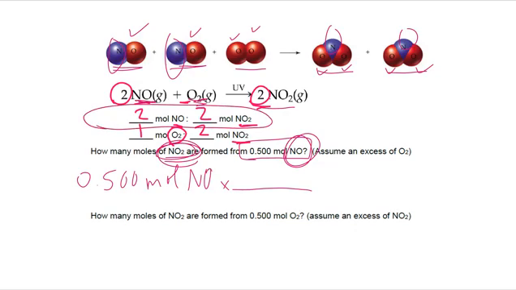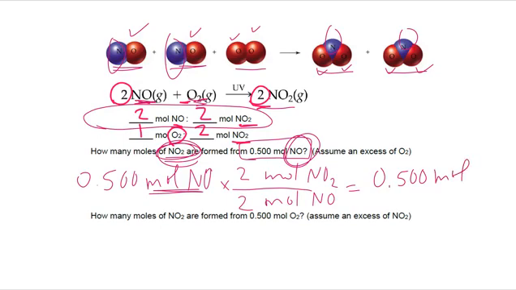Again, to cancel out, I have to have moles of NO on the bottom, and I need moles of NO2 on top, which we just showed is a 2-to-2 ratio. And we know that 0.5 times 2 divided by 2 is also going to give us 0.500 moles. Now, here we can see that this cancels out of NO2.